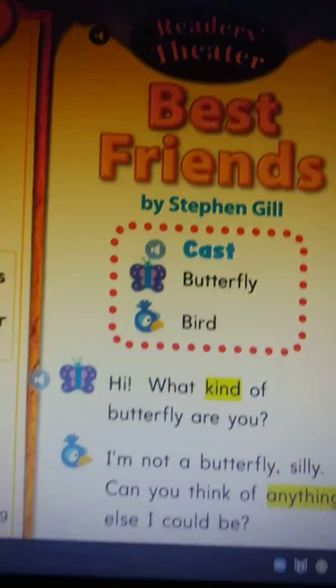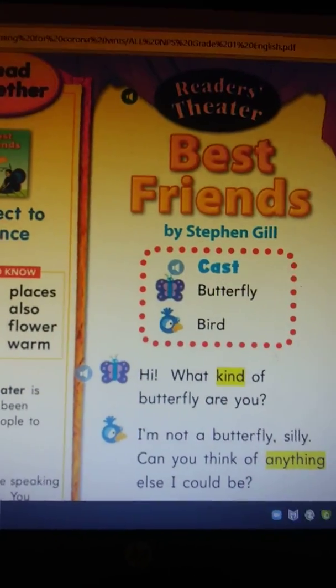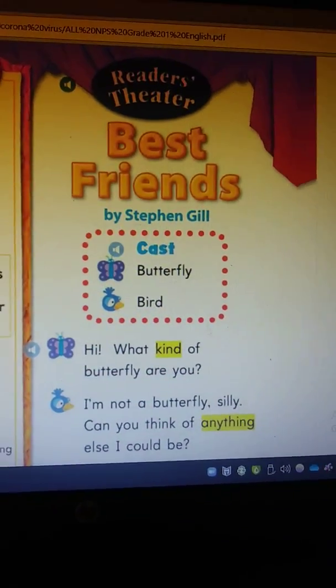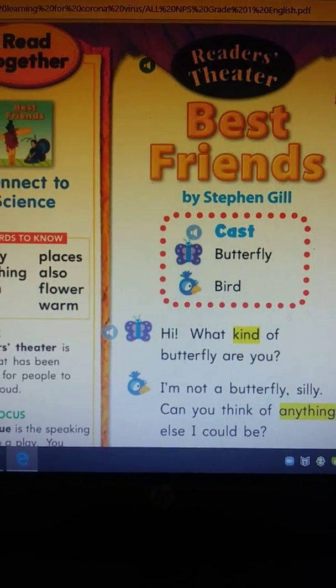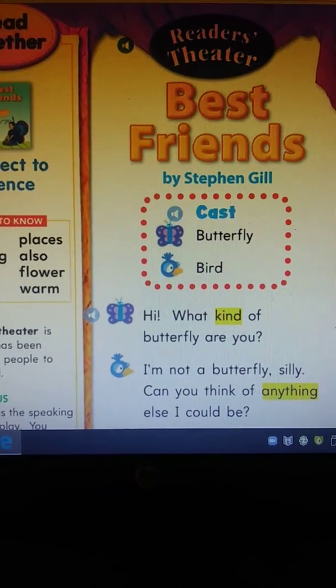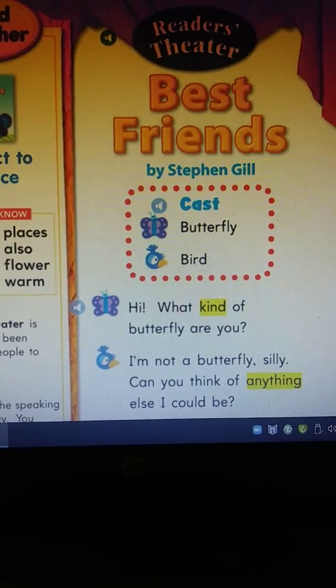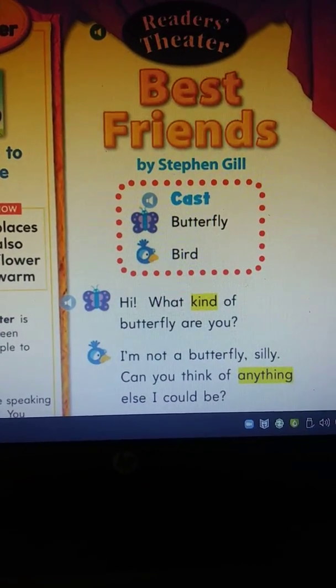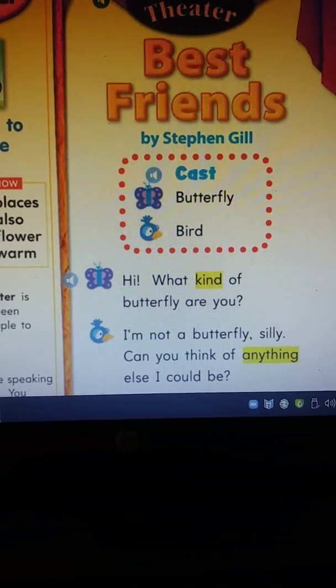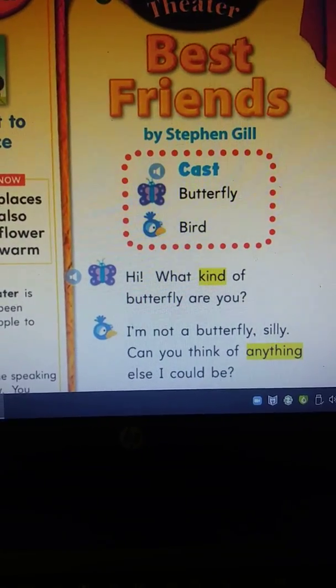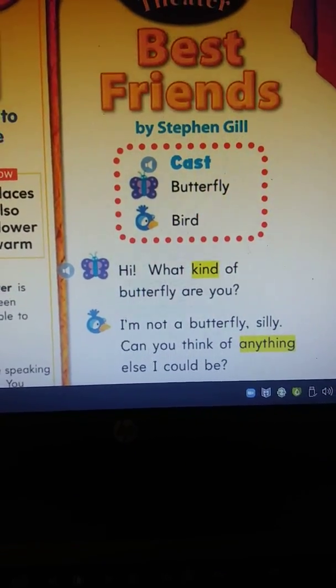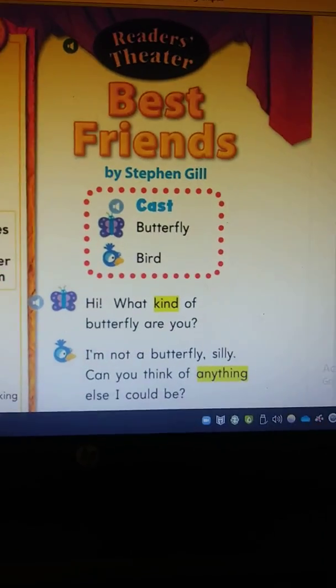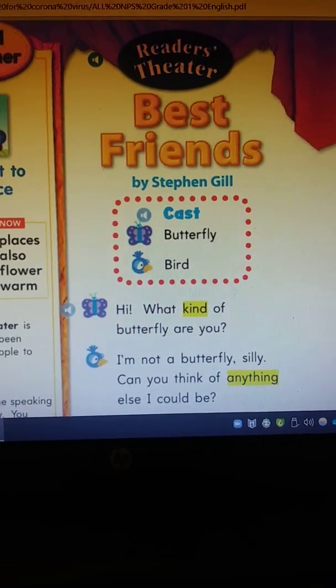Now let's look and see how this story is a little different from a regular story. Let's scroll down here just a little bit. Well, it seems to have frozen. Just be patient, my friends.